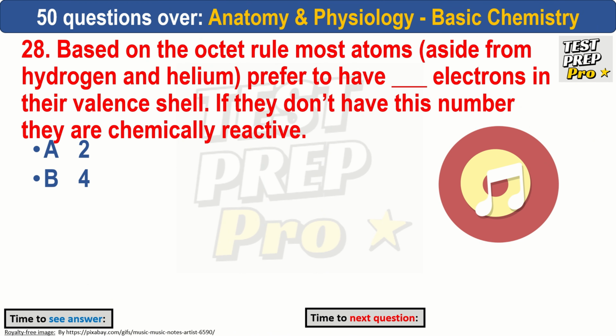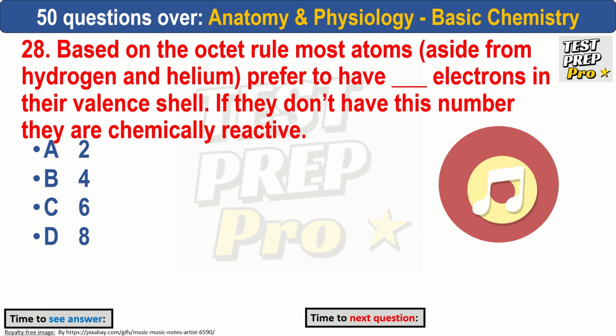Based on the octet rule for most atoms, aside from hydrogen and helium, atoms prefer to have blank electrons in their valence shell. If they don't have this number, they're chemically reactive. So what is their preference for number of electrons in the valence shell? Is it A, 2, B, 4, C, 6, or D, 8?